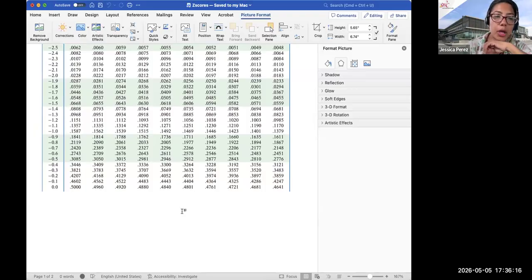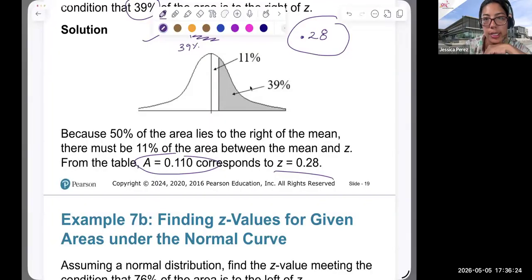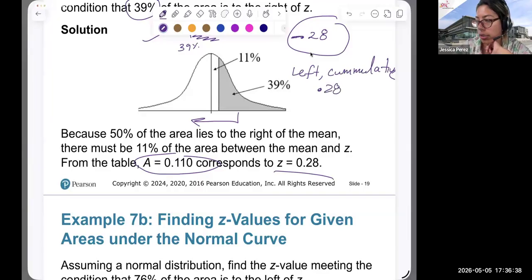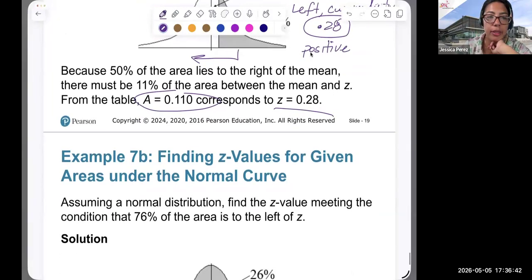So we have a positive or negative z-score, and it depends where we're standing in our standard normal curve. In this case, our z-score was negative if it's cumulative to the left, but since this is cumulative to the right, your sign will change to positive. So it's going to be 0.28, positive because we have symmetry among the values.